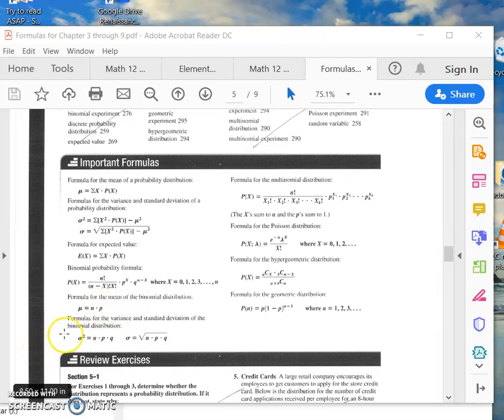Do you remember that? And then the variance and the standard deviation are also very easy to compute. The variance is n times p times q. Now remember, n is just the number of events or the number of experiments or what have you. So it's very simple to make that calculation. It's very difficult to make this calculation. It's just very tedious. So we don't want to do that, do we?